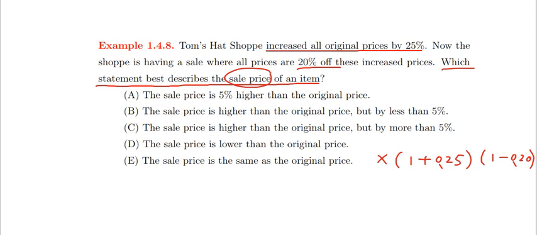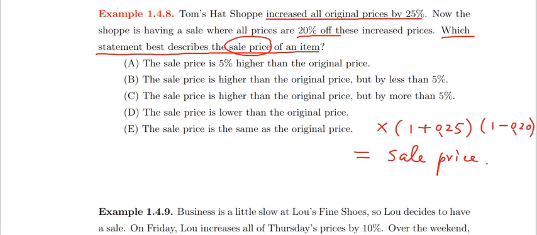So this one is the sale price. x is the original price, and this result is the sale price. So we just check like this. We need to do this calculation.